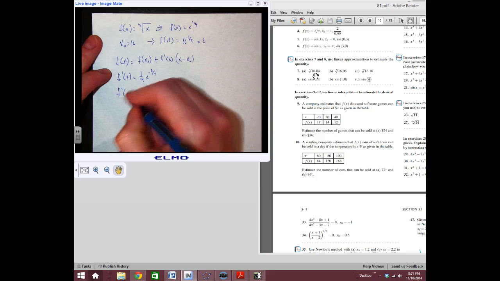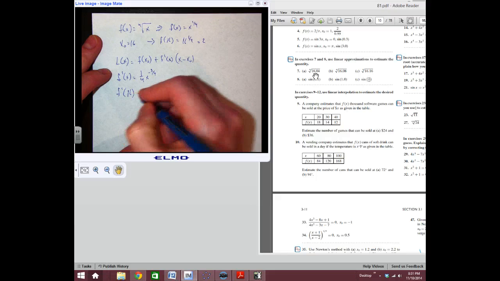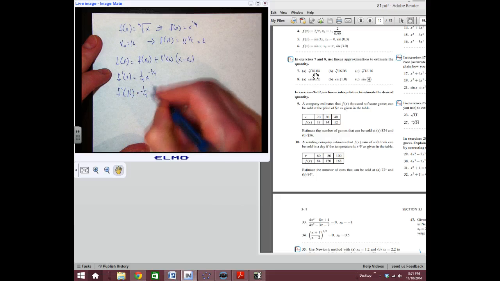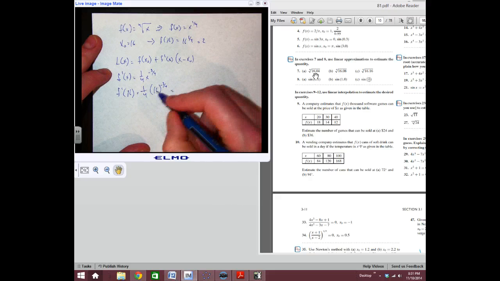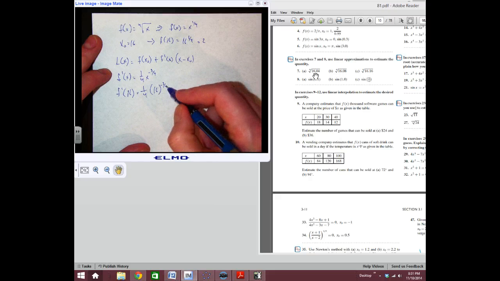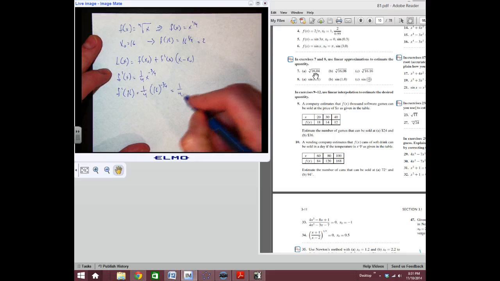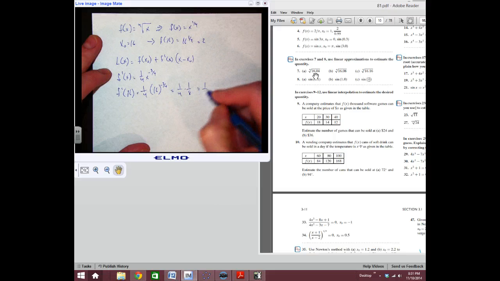That means f prime of 16 is 1/4 times 16 to the negative 3/4 power. We take the fourth root of 16, which is 2, cubed, which is 8, but since it's a negative exponent, it'll be 1/4 times 1/8, which is 1/32. So that's going to be our slope.